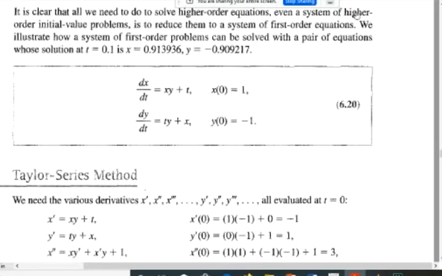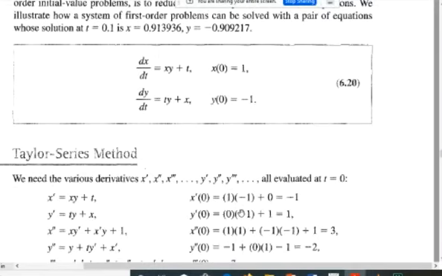Let's take a look at this equation in this box, 6.20. dx/dt is x prime, dy/dt is y prime, and we want to take various derivatives: x prime, x double prime, and x triple prime, and the same for y prime, y double prime, and y triple prime. And these values should be evaluated at the initial point of time.